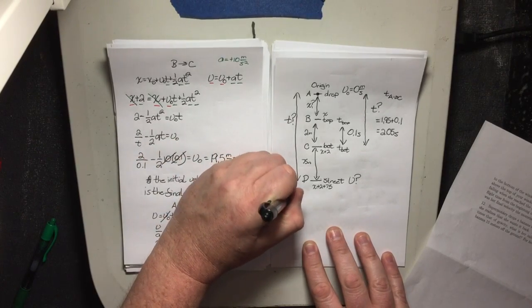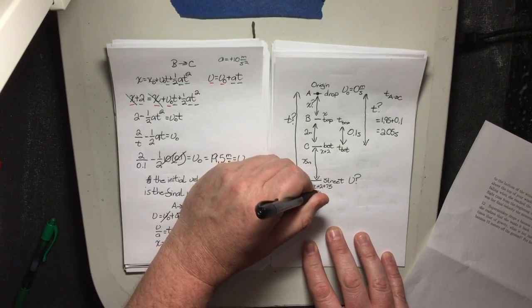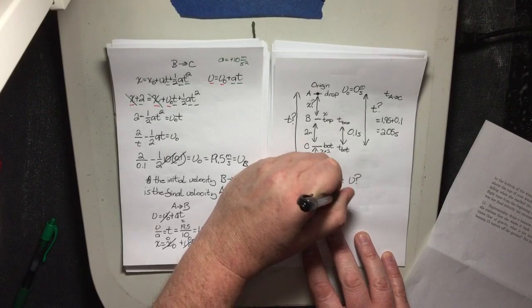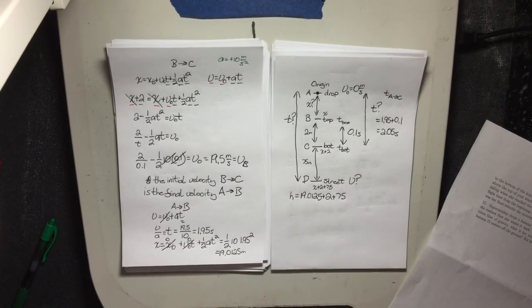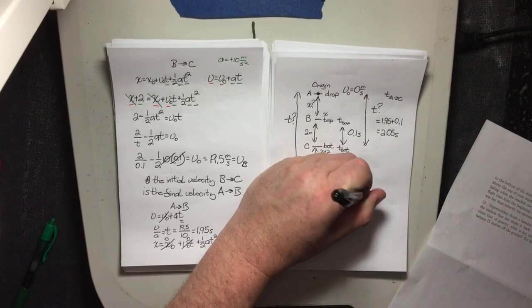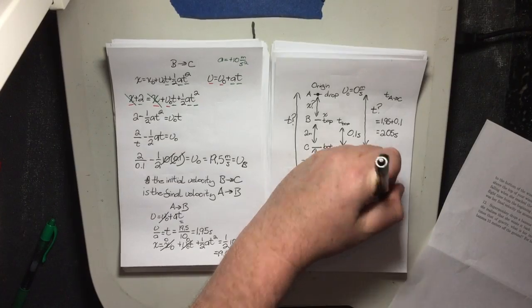The total height of the whole building is 19.0125 plus 2 plus 75, or 79 plus 19.0125. So that's the total height of the building.